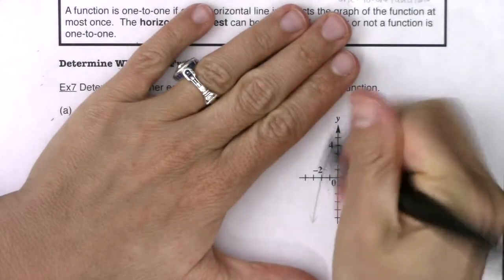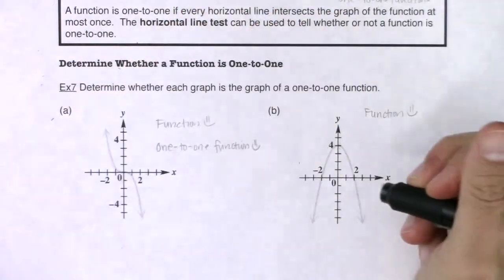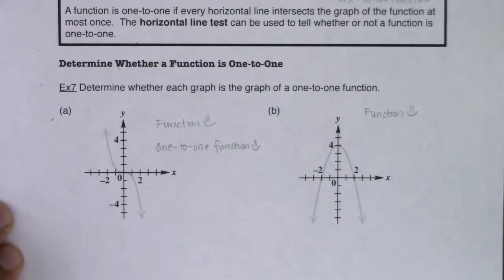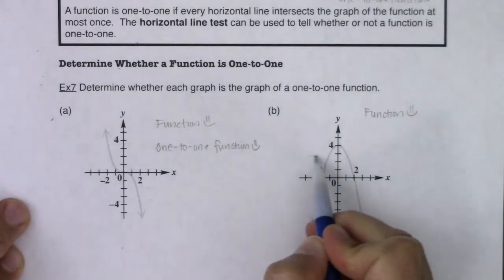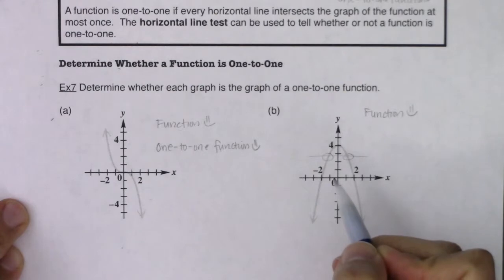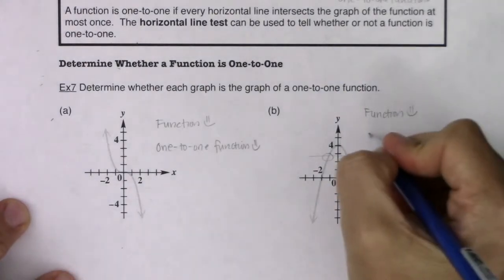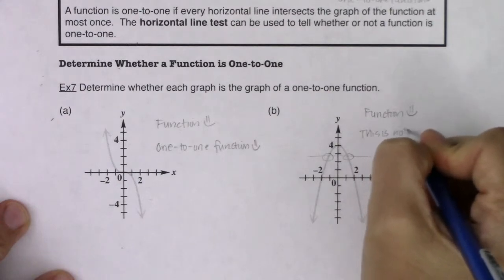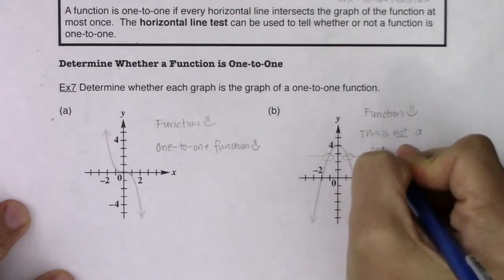Now let's see if it passes the horizontal line test. Can we also tack on an additional vocabulary term of one-to-one? Well, you'll see if I send a horizontal line through it, it fails the horizontal line test. So this is not a one-to-one function.